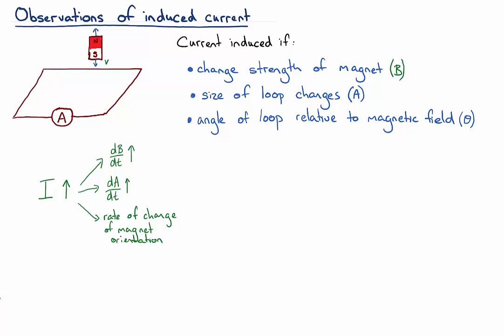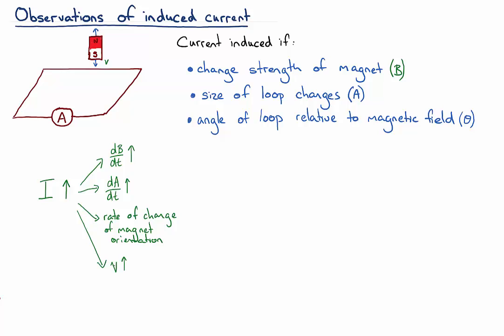They also found that the rate at which this magnet is moving towards or away from the loop influenced the size of the current. So for a magnet which was moving with a very fast velocity, so I'm just going to write that little v there, for a very fast velocity the current would also be increased.